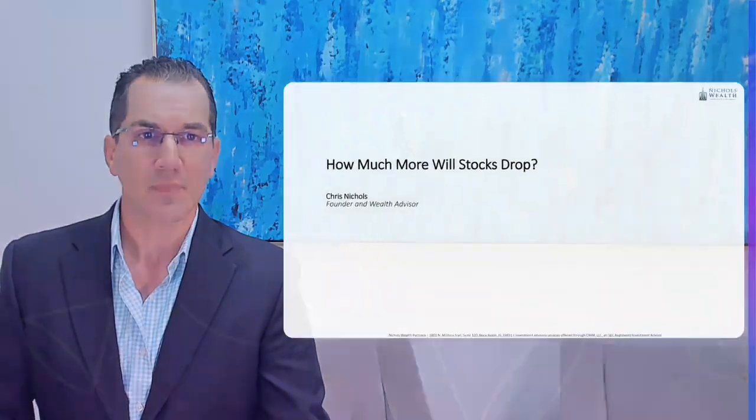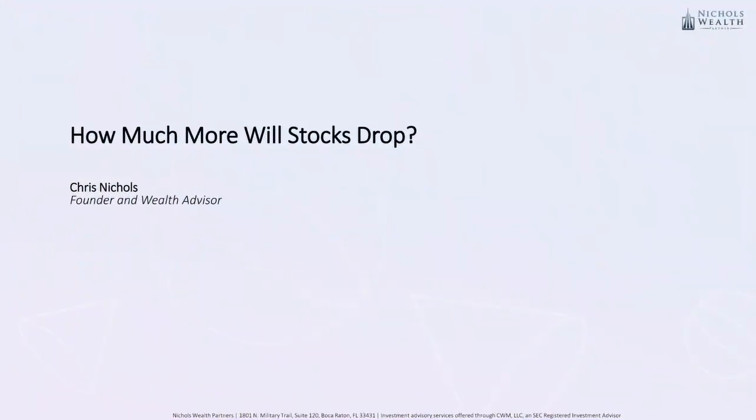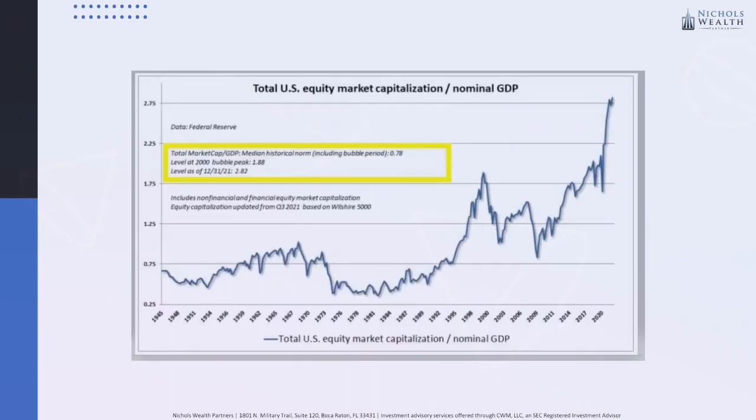So how much more will stocks drop, if they do at all? Many folks have heard of an indicator commonly known as the Buffett indicator. Well, the Buffett indicator, which is what you're looking at now, measures the total U.S. equity market capitalization, so the total value of all U.S. stocks, divided by nominal GDP.